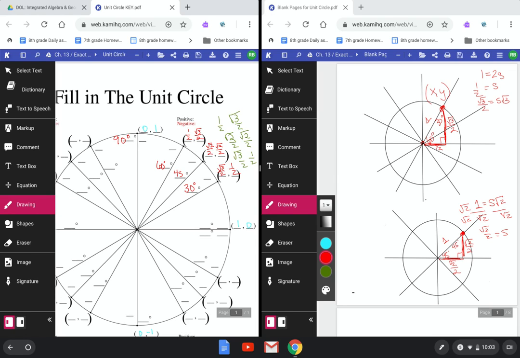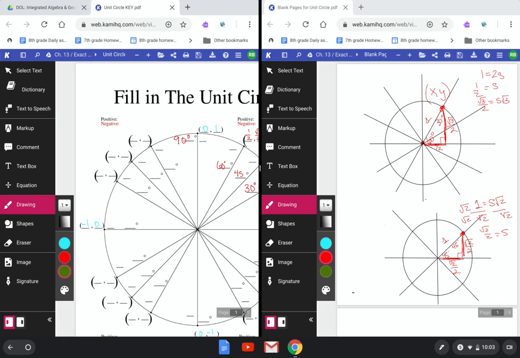Okay, if we go to the left side of the unit circle, with the degrees, there's 30 degrees, so 120, 150, and then 180.